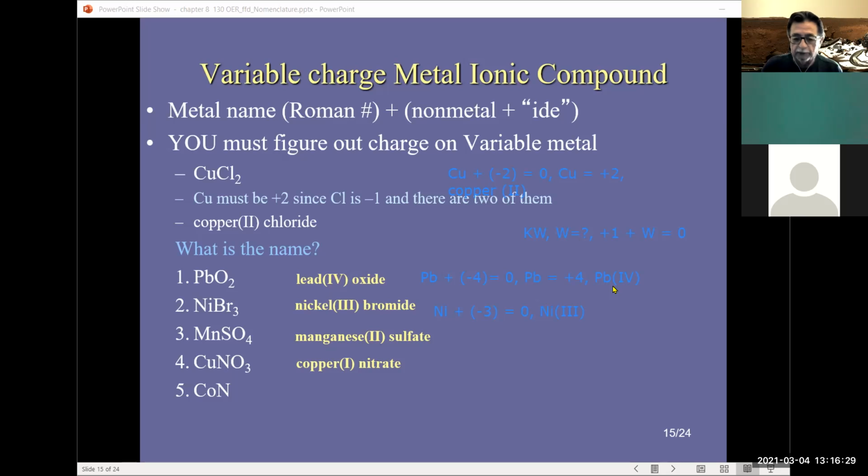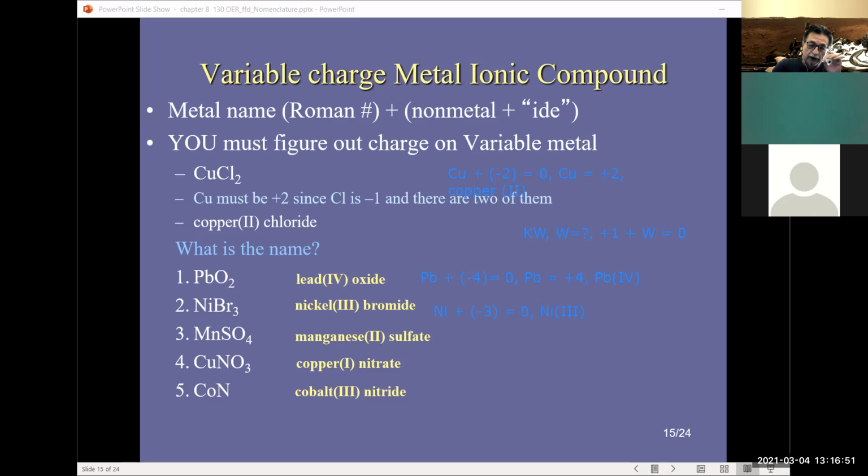And we go look up, we know that nitrogen's in group 5. When it becomes an ion, it gains 3 electrons. That implies that cobalt must be in the +3 state here. So this is cobalt +3, Roman numeral 3, nitride.